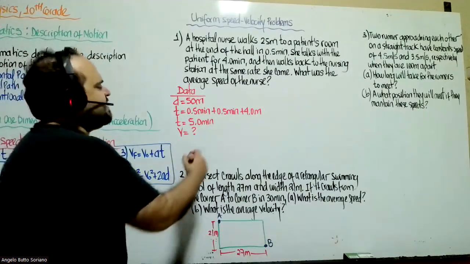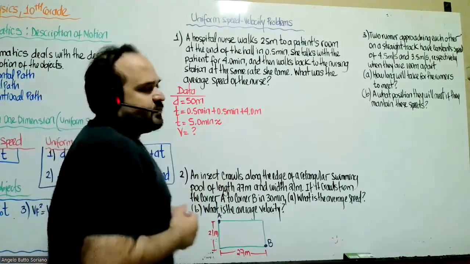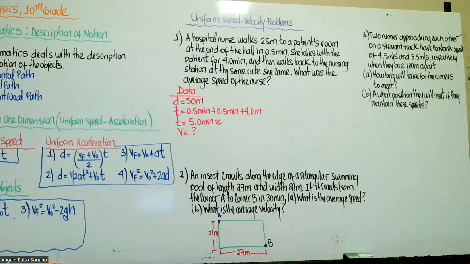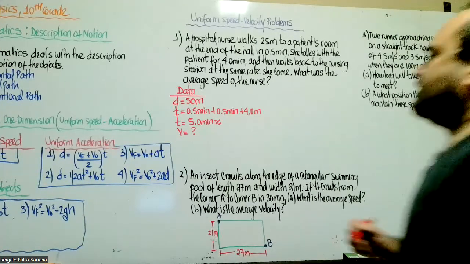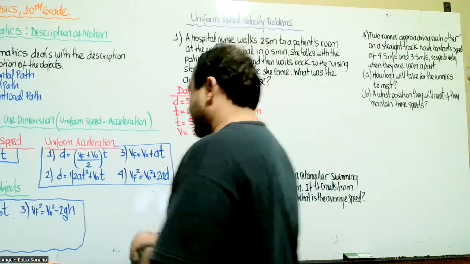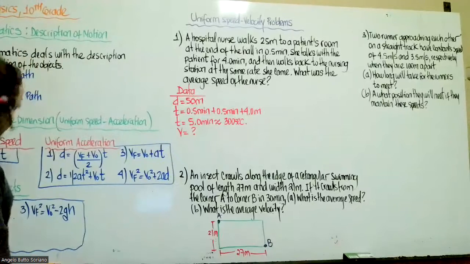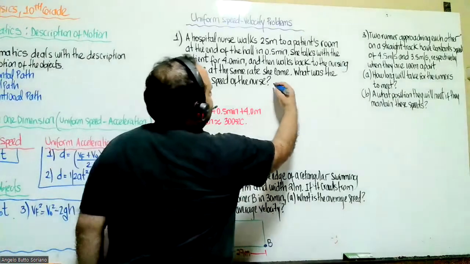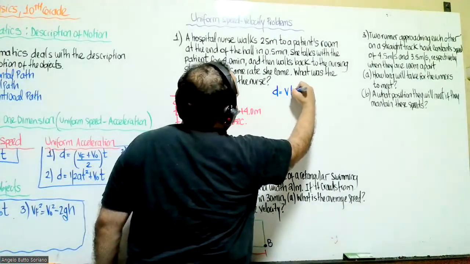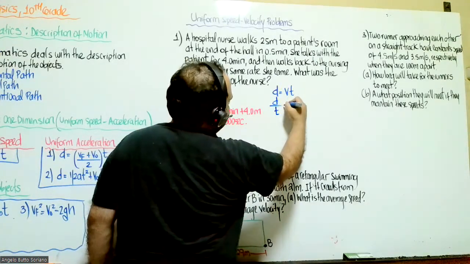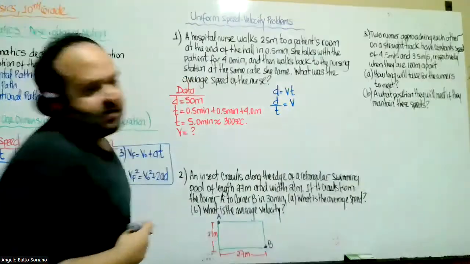So we are looking for the average speed, okay? But remember, we must transform the 5 minutes into seconds. Remember, 1 minute has 60 seconds. So that is 5 times 60. The answer will be 300 seconds. Because we know what we have to do, remember the formula for distance is given by d equals v times t. And solving this equation for v, d divided by t will be the velocity.